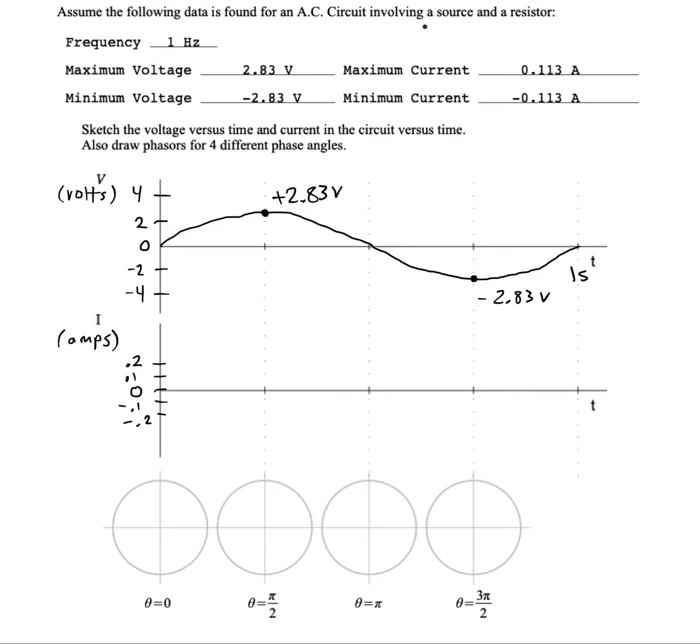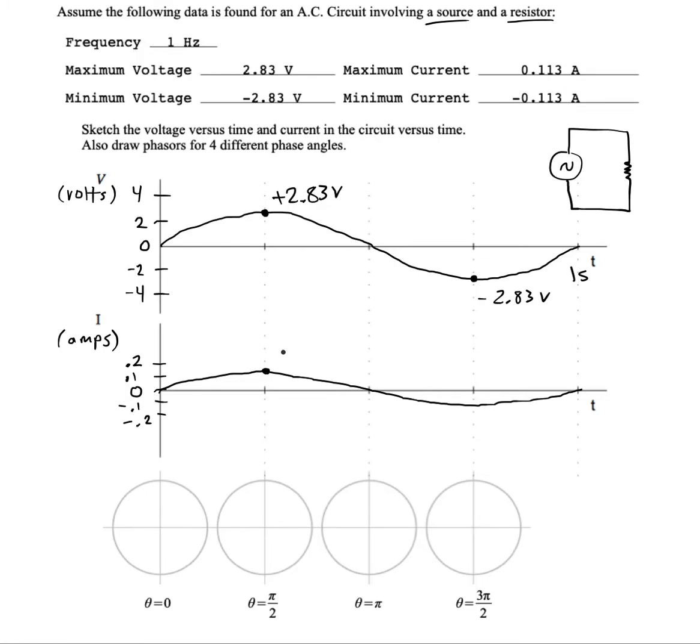Now when we're dealing with a source and a resistor, then the voltage across the resistor and the current in the resistor will be in phase. So they'll be in sync. They'll have the same basic shape, but different amplitudes.